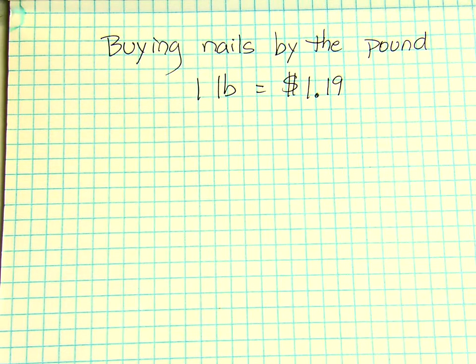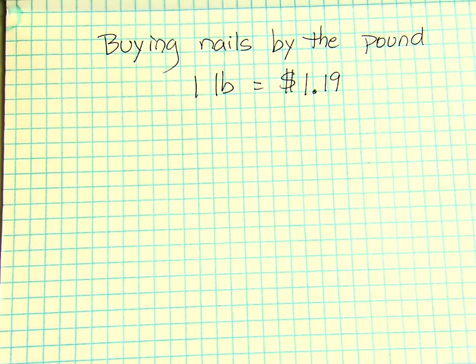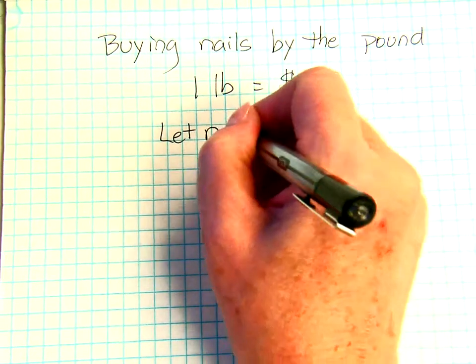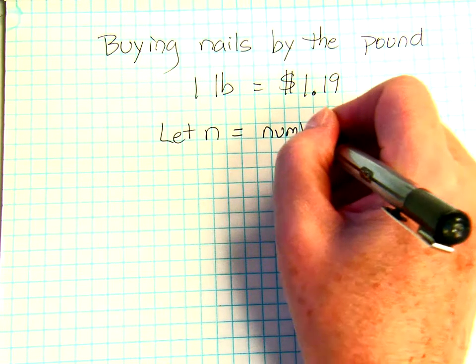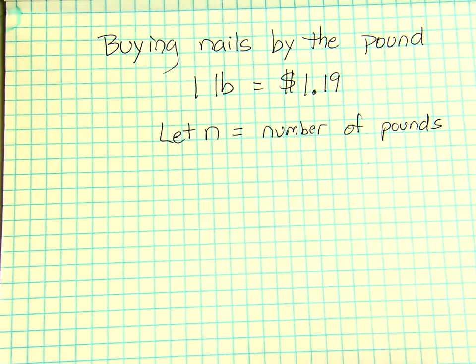Okay. Write a function rule to describe this relationship. Okay, so we can do it in terms of y. Sometimes we find that we do it in terms of function notation, and we can use, let n equal the number of pounds, okay, because that's what our unknown is.